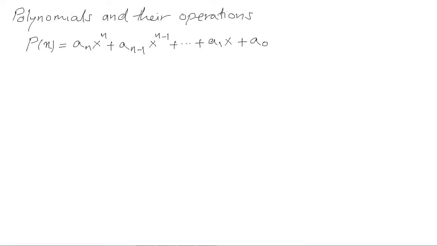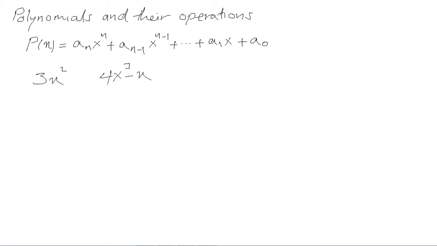A polynomial that has only one term, something like this, 3x to the power of 2, is said to be a monomial because it has only one term. A polynomial which has two terms, something like this, 4x to the power of 3 minus x, is said to be a binomial.